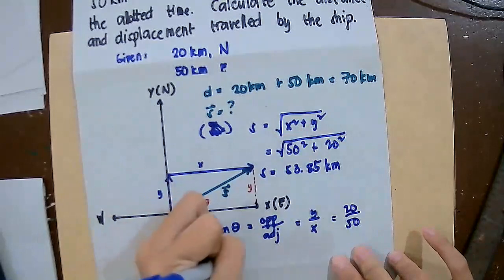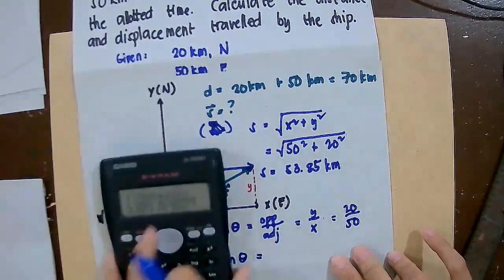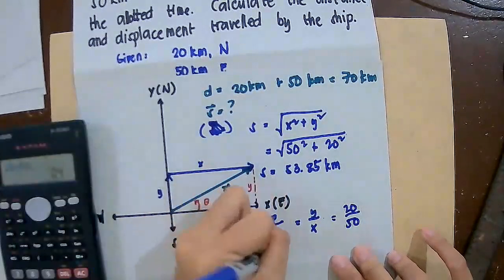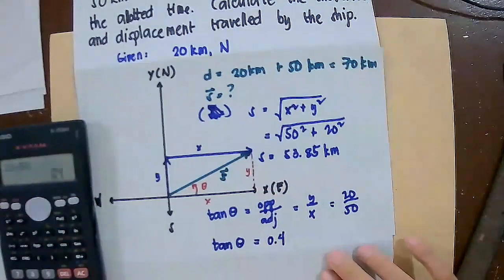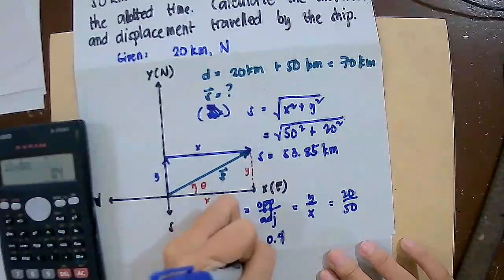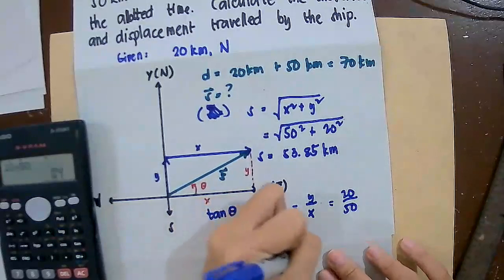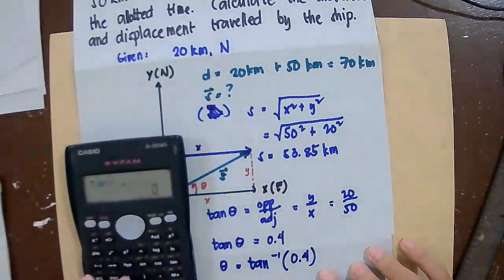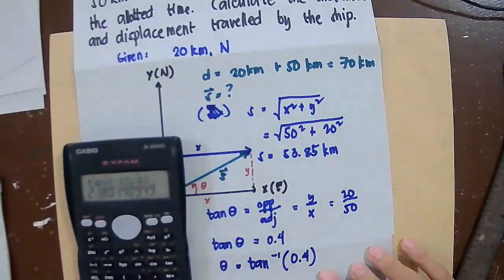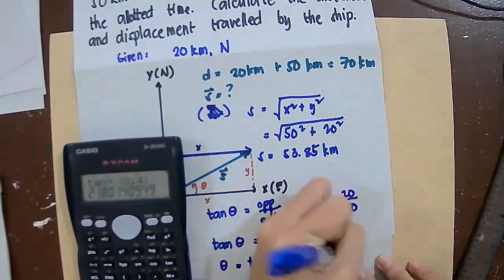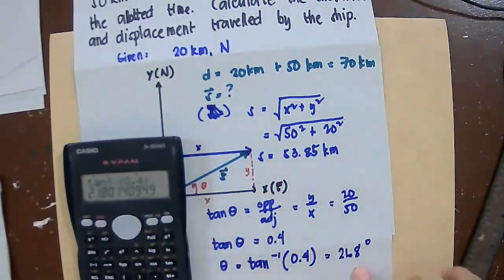So tan theta is equivalent to 0.4. Okay. So to get the angle, you have your tan inverse and then 0.4. Okay. So tan inverse 0.4, you will get 21.8 degrees.